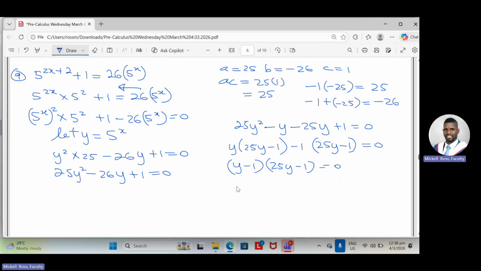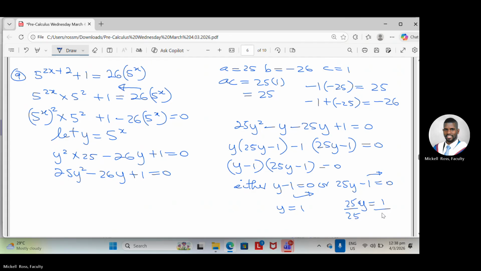So this is going to give us either y minus 1 is equal to 0 or 25y minus 1 equal to 0. y is equal to 1 or 25y is equal to 1, so y is equal to 1 over 25.